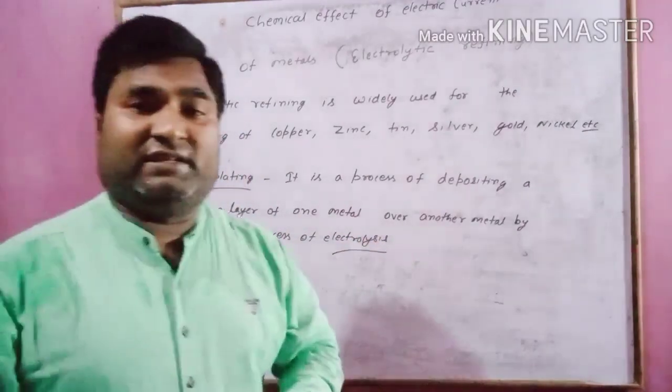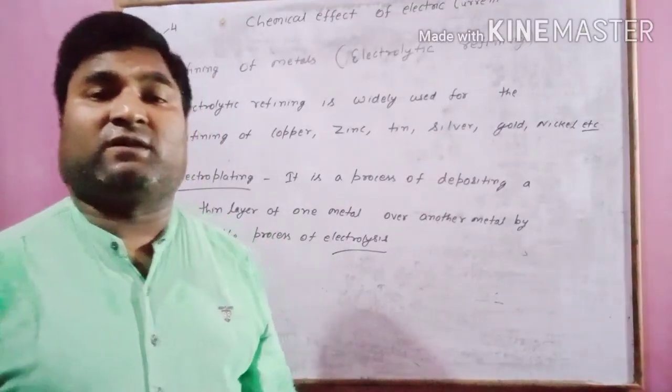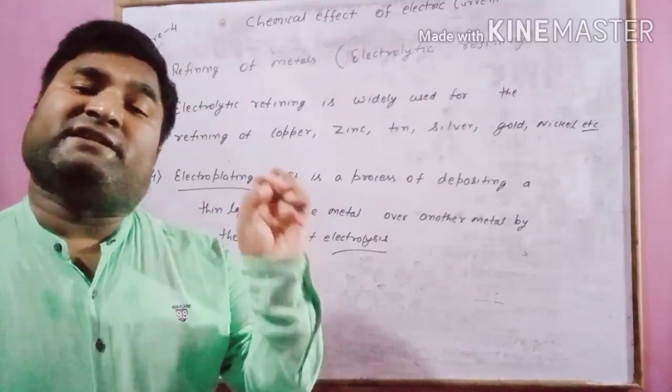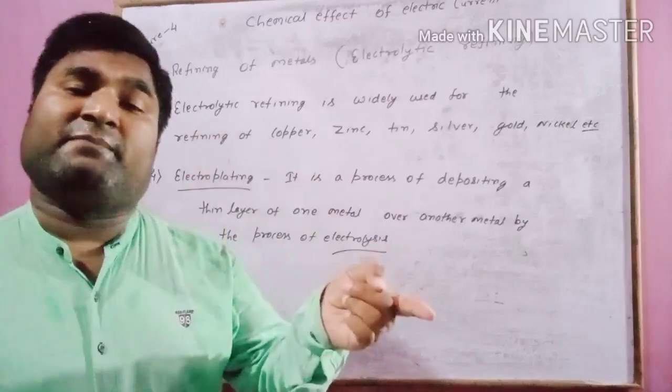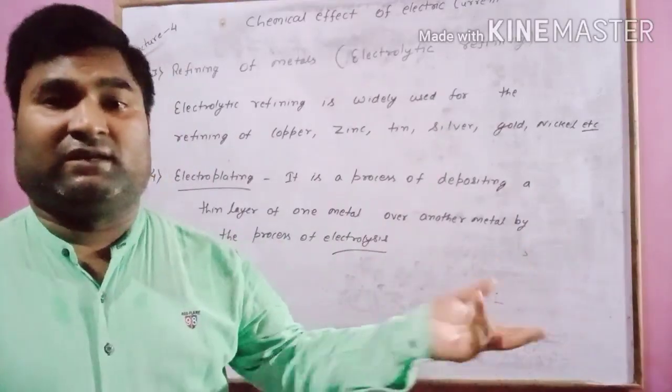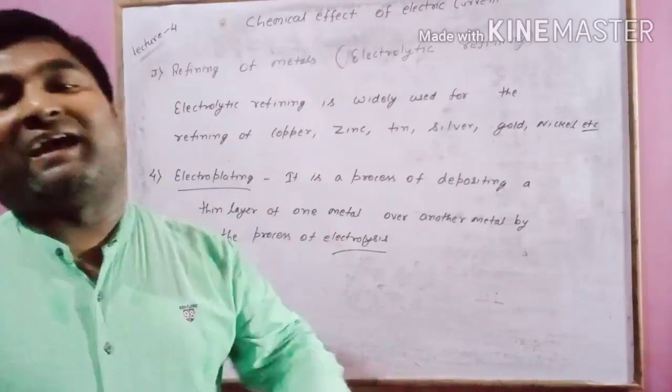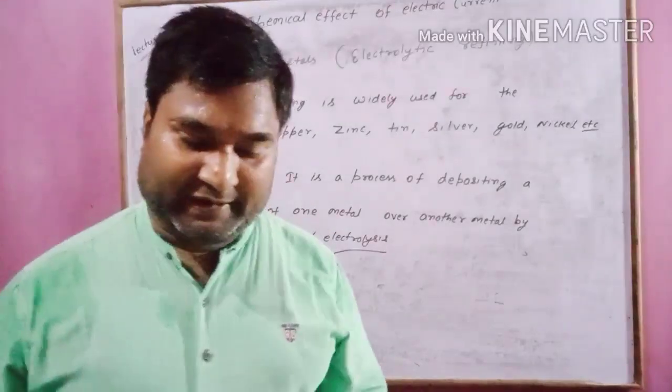So the last one, electroplating, is a process of depositing a thin layer of one metal over another metal by electrolysis.